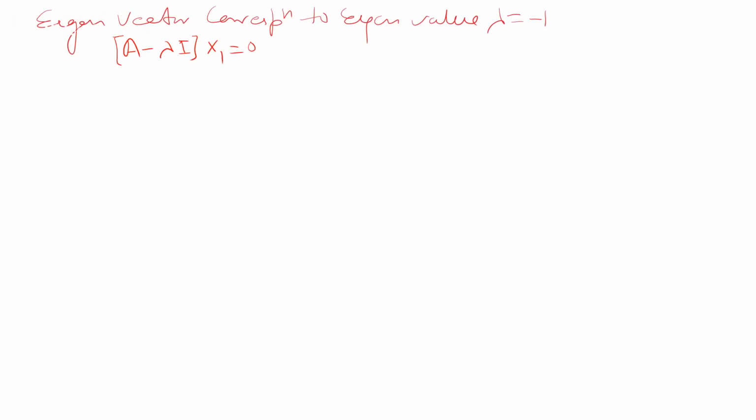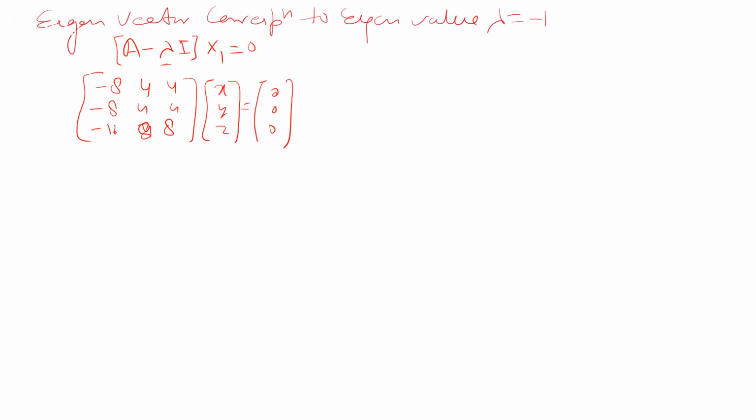Now when we put lambda equal to minus 1, we obtain the coefficient matrix 8 4 4, 8 4 4, 8 4 4, and we write the vector x y z equal to 0 0 0.